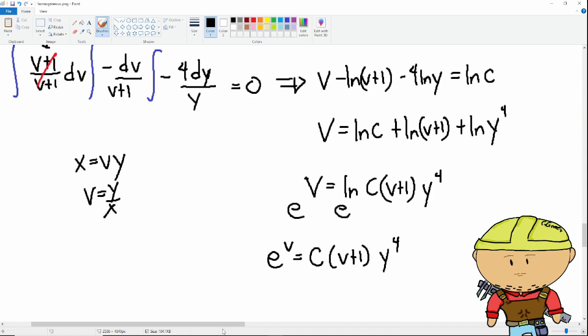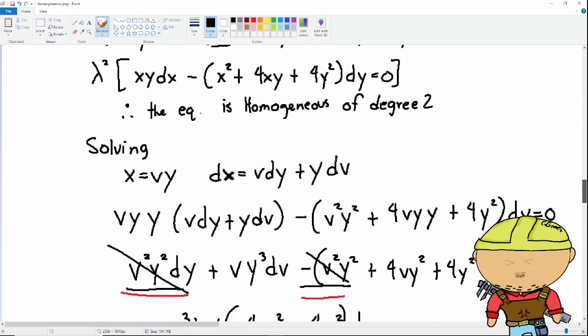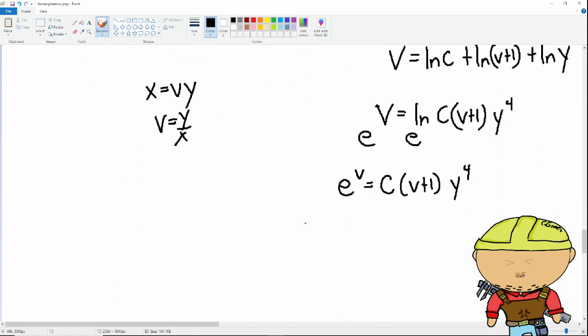x over y. Just to make sure, what did we substitute? x equals vy. So x equals vy, e to the y over x. v is equal to y over x, or v is equal to x over y. Wrong. Okay. Wrong transpose. v is equal to x over y.